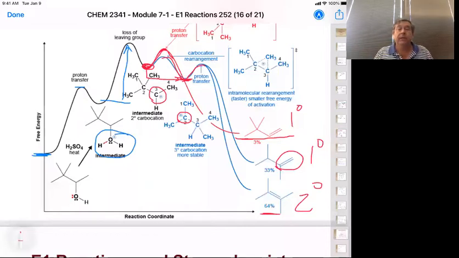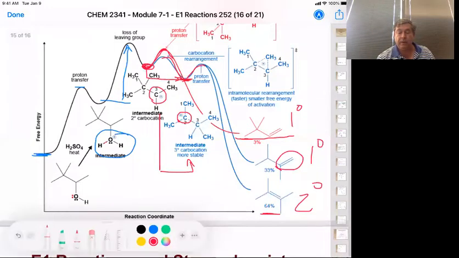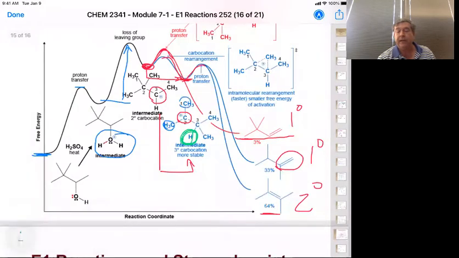Okay, so in this case, we are going from the carbocation on a secondary carbon, in the case of our first intermediate, it's transitioning to a tertiary carbocation, and during that time, it's getting to be more stable. But now it still has the choice between our secondary hydrogen or our primary hydrogens, and that gives rise to the two products here. Okay?